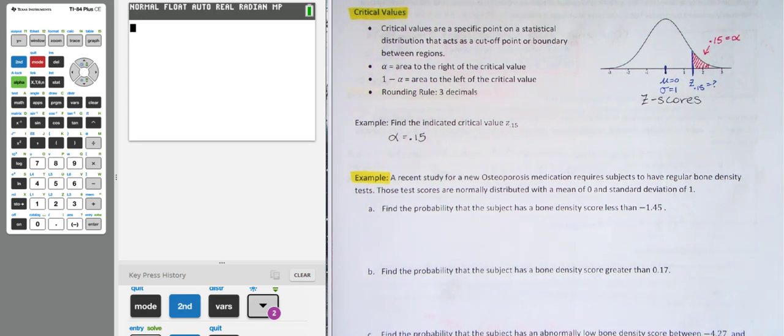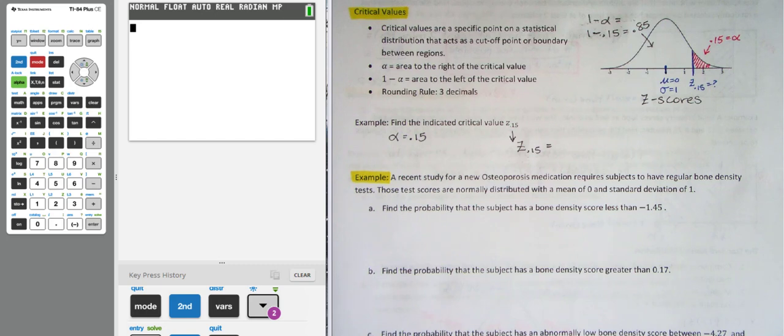That means that alpha lies in the right tail of this shaded area seen here. That means the cumulative area to the left of that critical value is 1 minus alpha, or the other 85%, 0.85, to the left of that critical value.